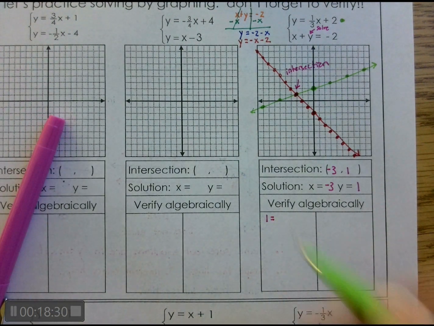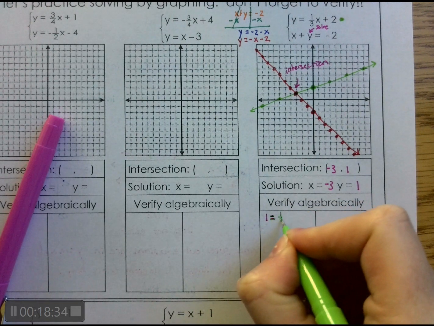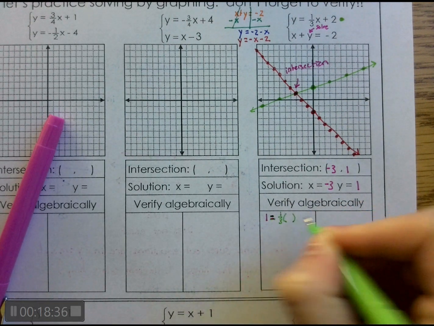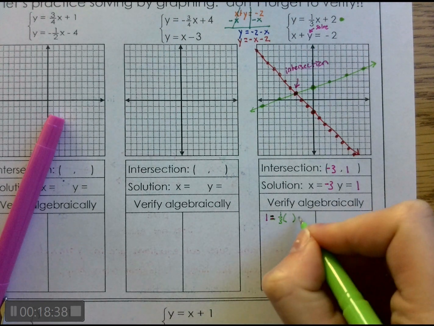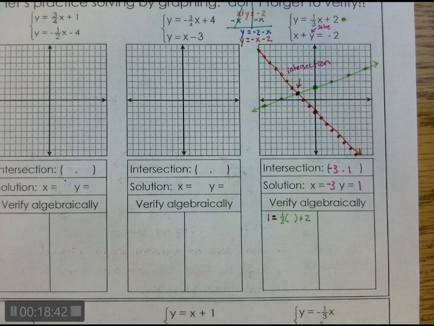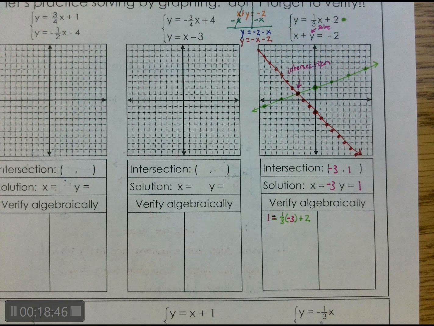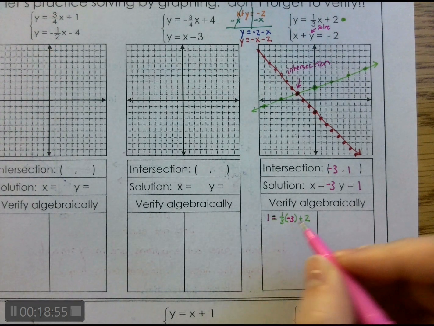So I'm going to have 1 equals, whoops, sorry, forgot my colors. 1 equals, we have 1/3 x plus 2. And our x was -3. Okay? So first thing we need to do is simplify. So we can go ahead and multiply.